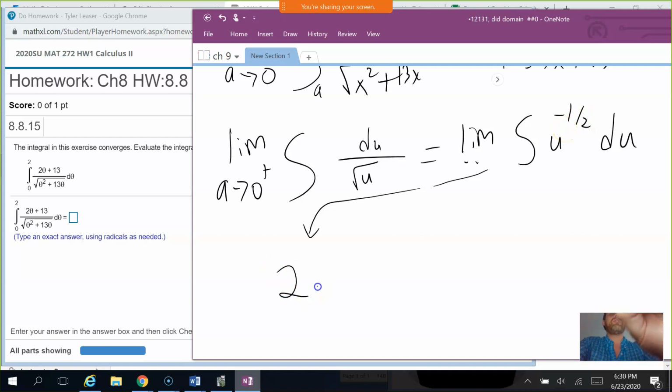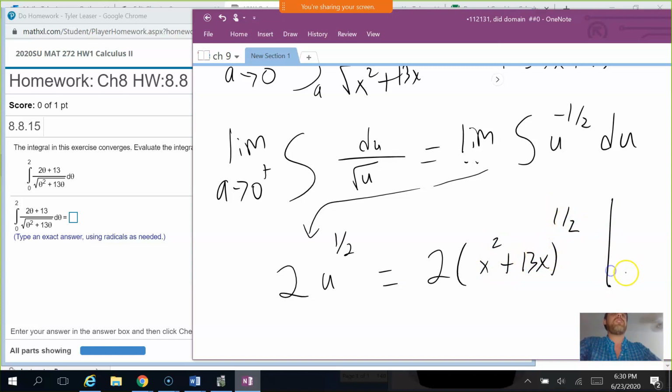So we're going to have a 2 out in front, and then that's u to the positive 1/2. Okay, plugging back in the substitution, that's 2 times x squared plus 13x to the 1/2. This we're evaluating between a and 2, and I forgot my limit, but that limit is still supposed to be in front of all of this.